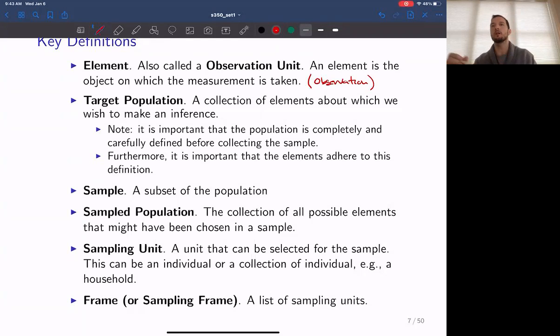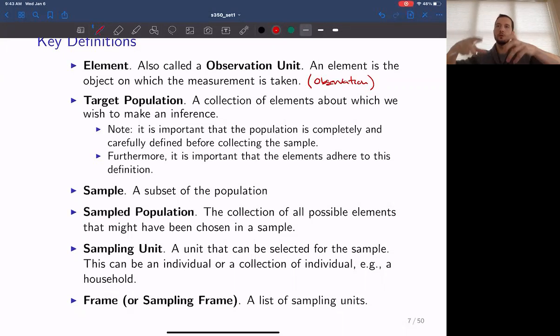But if we are looking at a larger scale study where, instead of contacting each individual person, we contact, for example, a household, then the household becomes the sampling unit, and the representative from the household becomes the element, as they are the person giving the measurement.